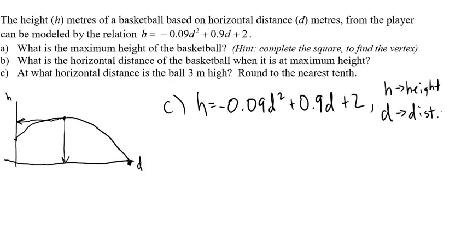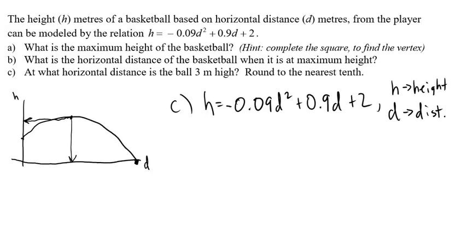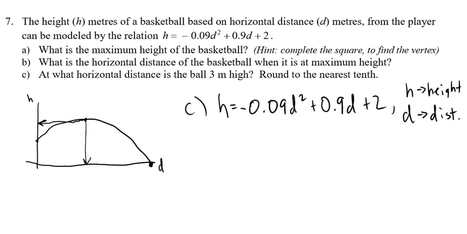It's very important, and this is something that a lot of people skip over and don't do, is really think about what those variables represent, what they mean, and to think about how this equation is relating those two variables. Given a particular distance, I can find the height. Given a particular height, I can find the distance, because they are related. Those two variables, height and distance, are related via that equation.